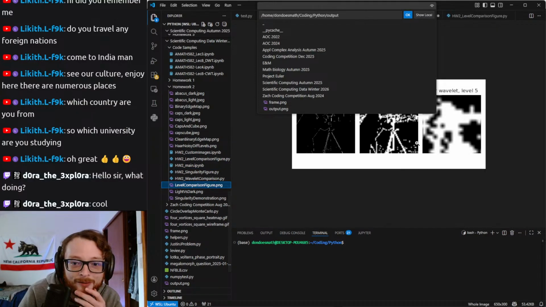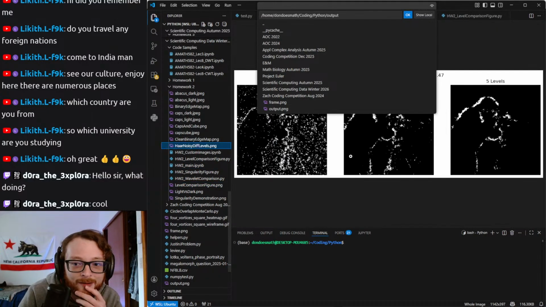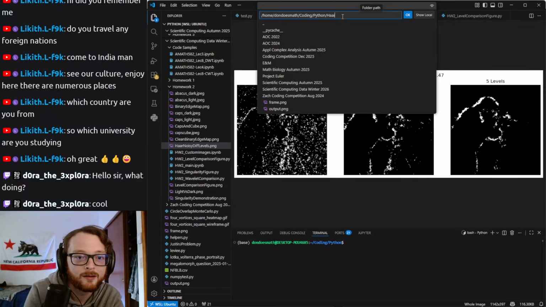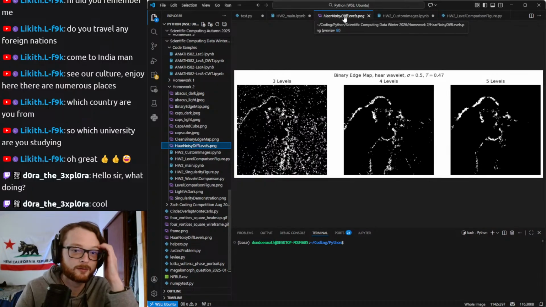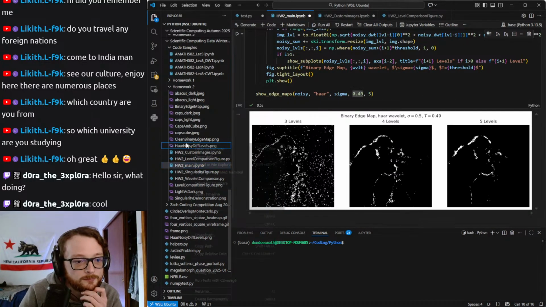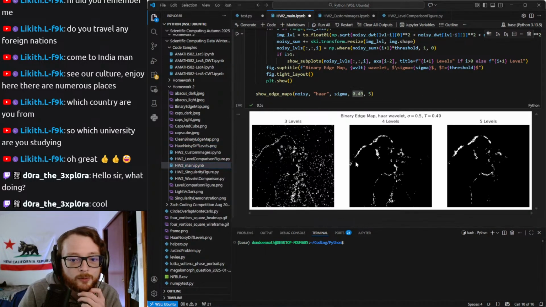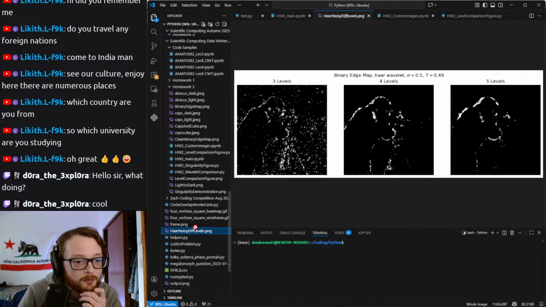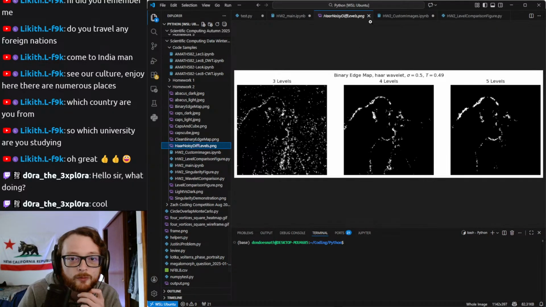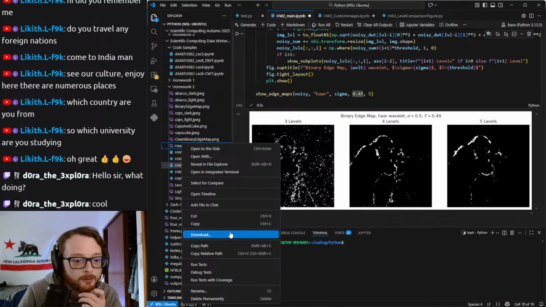Okay, level comparison figure. No. Hard, noisy, different levels. Okay. Hard, noisy, diff levels.png. Delete. Move. Download.